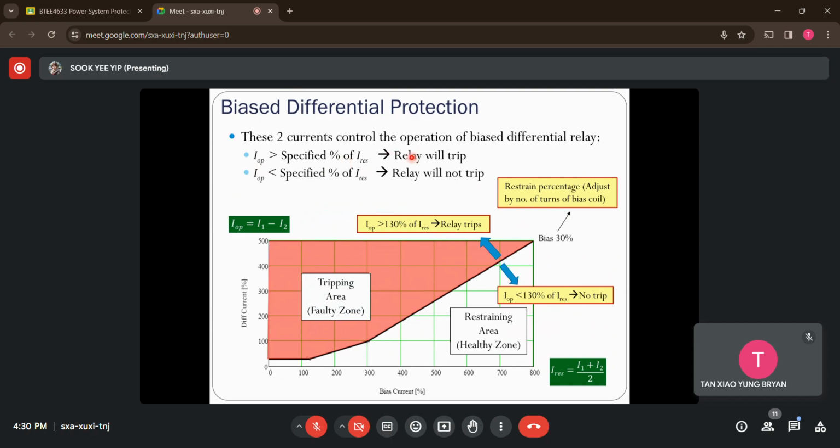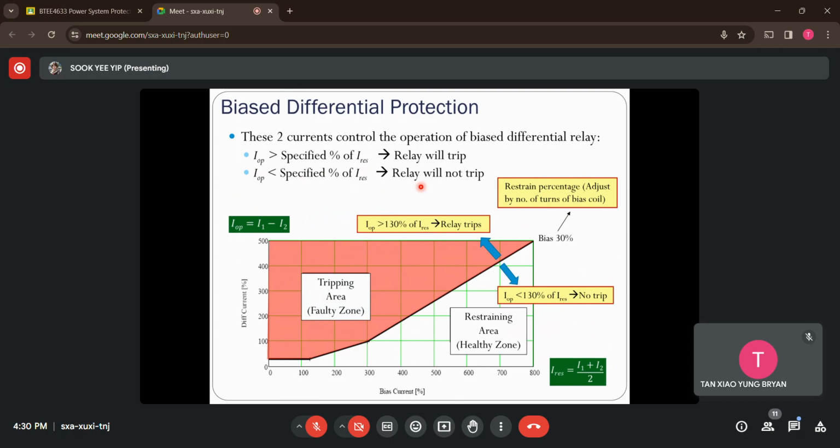So this bias differential relay will start to trip this transformer right now. But what happens in the previous case? In the event the measured differential current is lesser compared to the specified percentage of the restraining current, which means that I have a healthy transformer, the bias differential relay will not work.